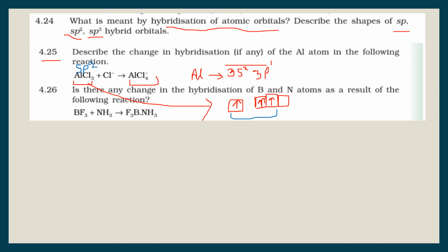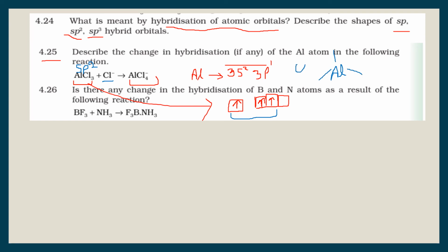Now, how does AlCl3 convert to AlCl4 minus when AlCl3 reacts with Cl minus? Now, Cl minus has 8 valence electrons. Chlorine, which had 7 valence electrons, has taken 1 electron from somewhere and converted to chloride ion. Now, when chloride ion is coming close to AlCl3, because you know that in AlCl3, the octet of Al is incomplete. It is making 3 bonds, trigonal planar, but octet is incomplete.